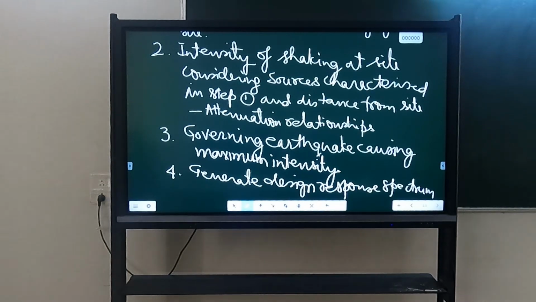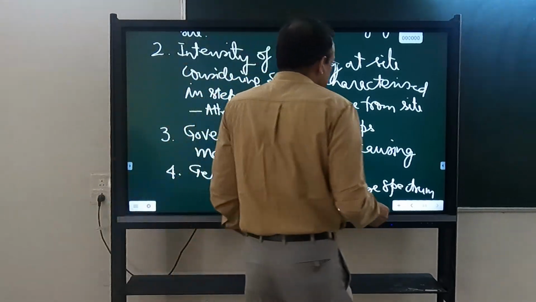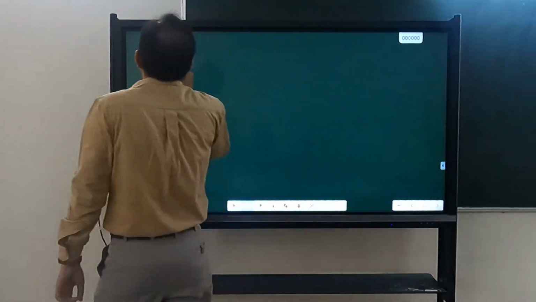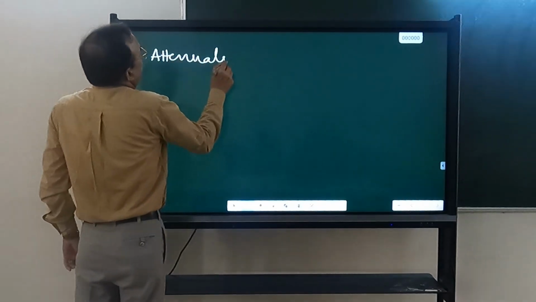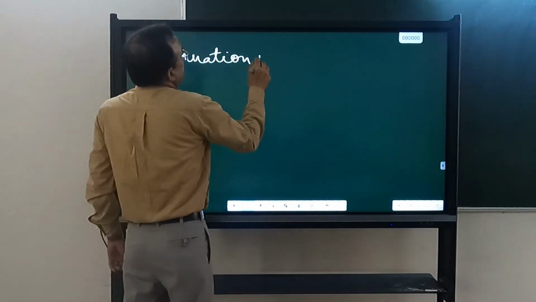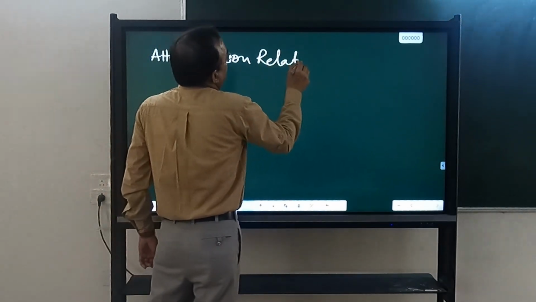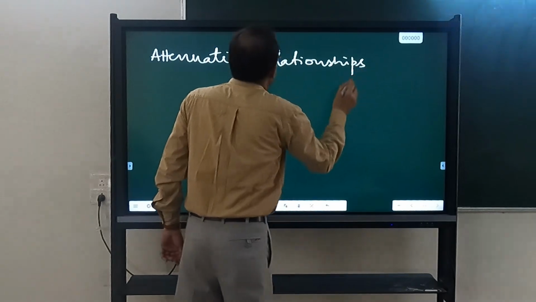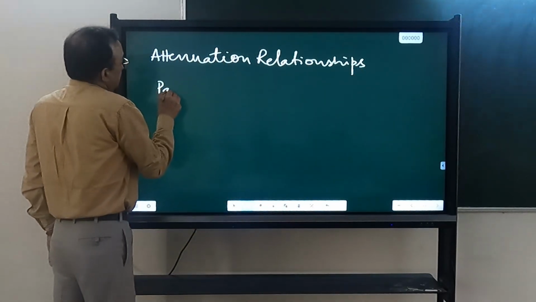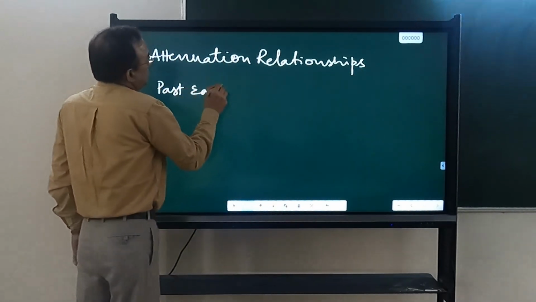So the second step I want to talk about today is the attenuation relationship. These attenuation relationships are developed based on past earthquake records.